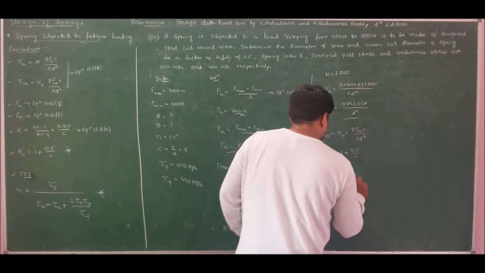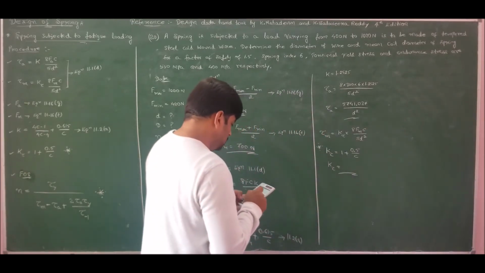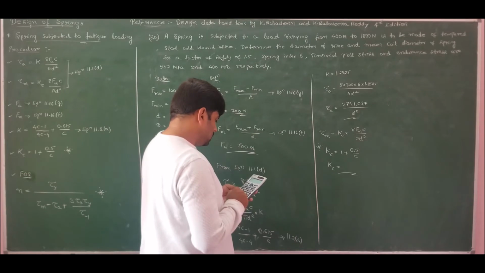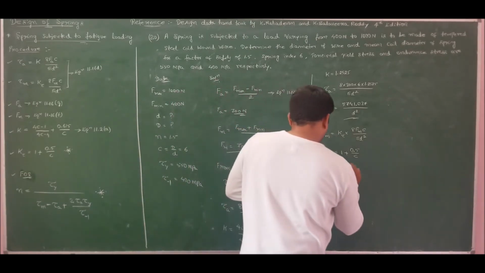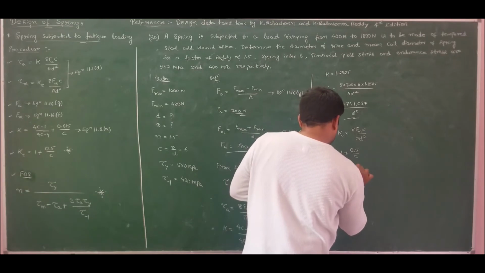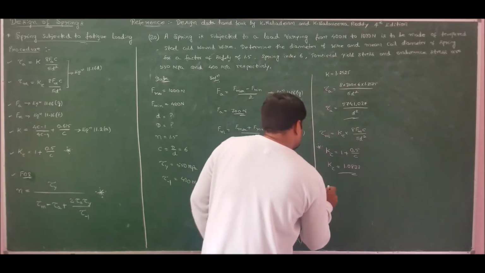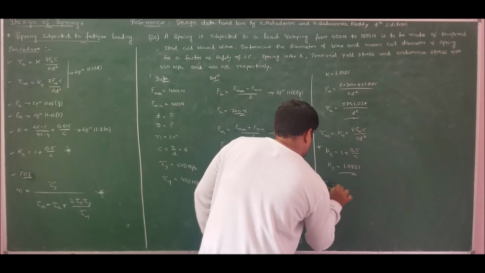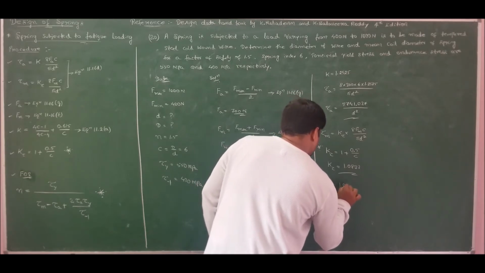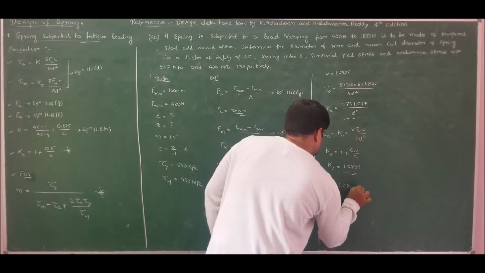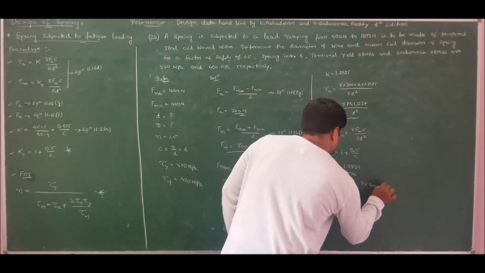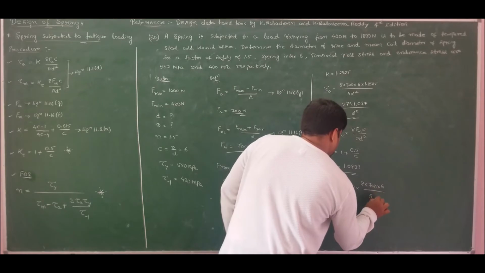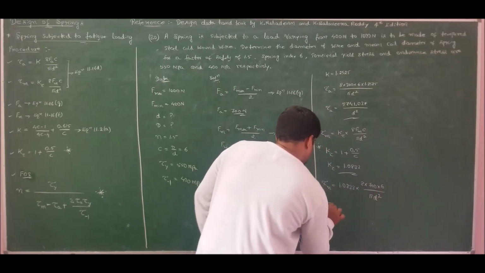So K due to shear alone is given by 1 plus 0.5 by 6, that is 1.0833. Therefore tau mean will be 1.0833 into 8, F mean is 700, C is given as 6, by pi d square.